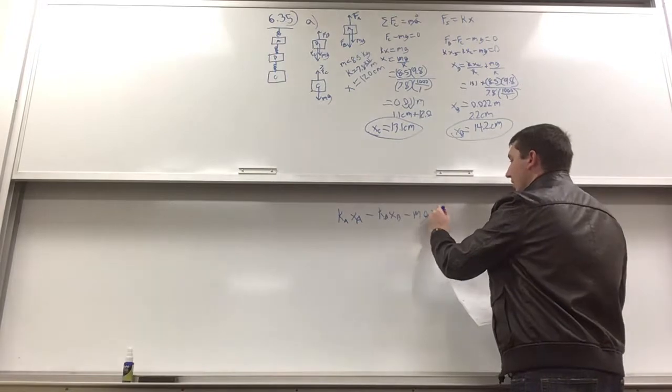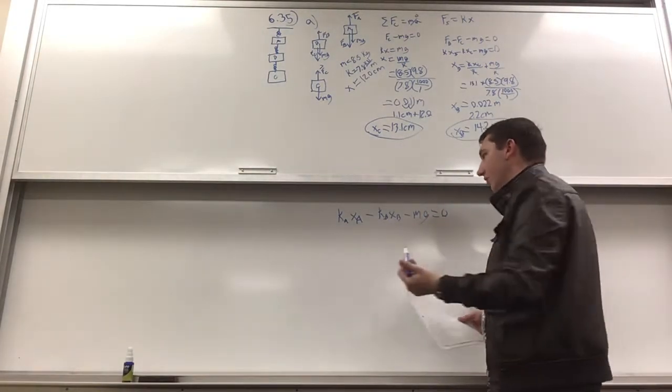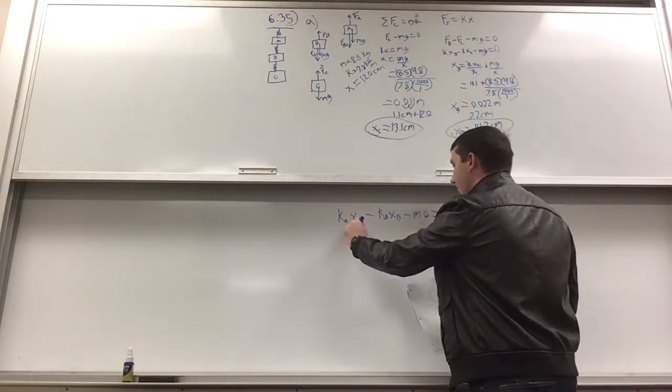And that's going to be equal to 0 because there's no acceleration, so the mass times acceleration goes to 0. Then you just isolate for the distance of A.